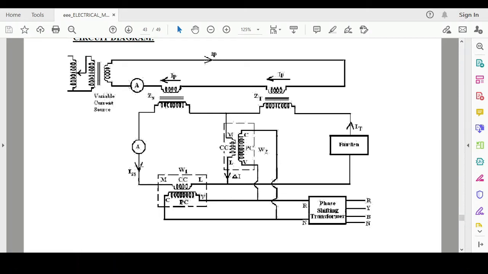That means they are in quadrature to each other. Then we will be getting W1 as 0, and the reading of our second wattmeter will be noted down, and that wattmeter reading is assumed as W2Q.